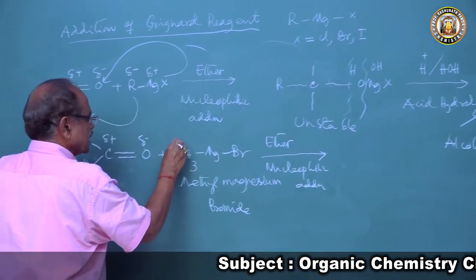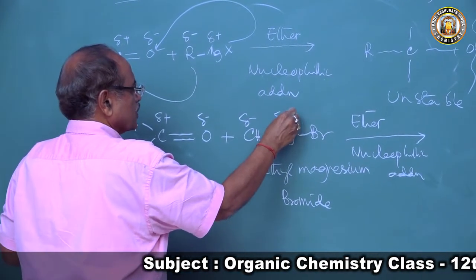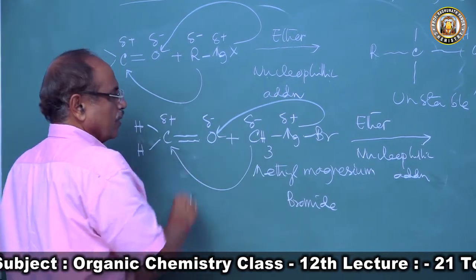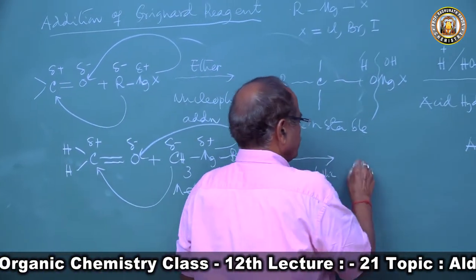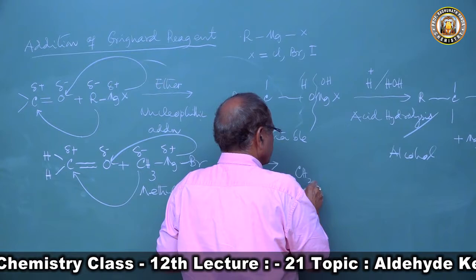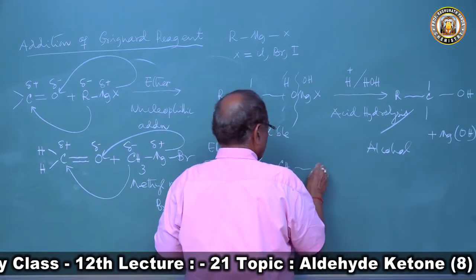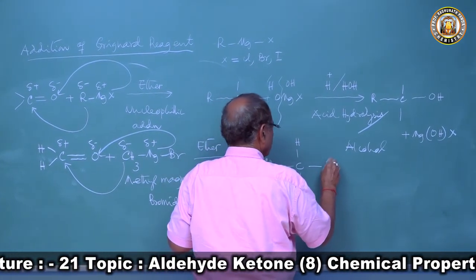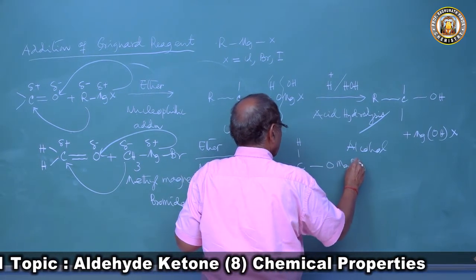So this CH3 is the negative part, Mg is the positive part. CH3 will go to carbon and MgBr will go to O. So we get here CH3CH2OMgBr.